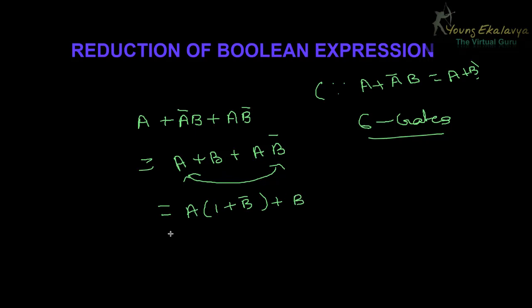Now, as I have said earlier, 1 plus anything always results in 1. So A plus B. See, from 6 gates we have reduced it to only 1 gate. So more gains and more profits, right? We have reduced the hardware.